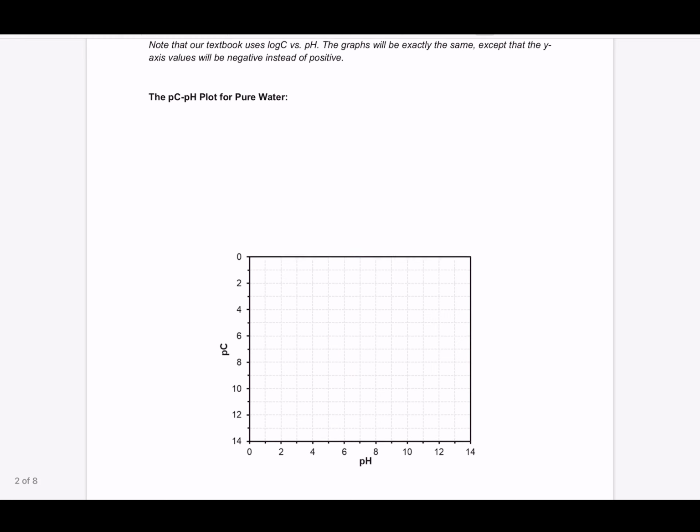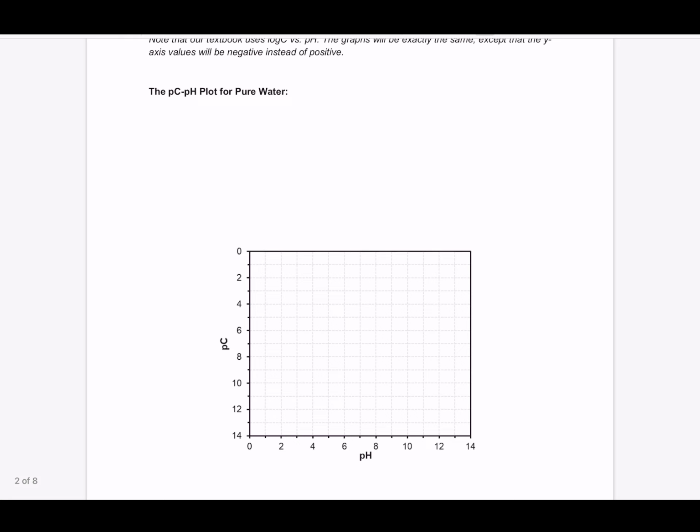So let's just focus on the simplest scenario, which is basically water. Let's construct a pC-pH plot for pure water. If we look at the species, we have only H plus and OH minus. Let's also consider the ideal scenario, so we don't use activity, but rather concentration.